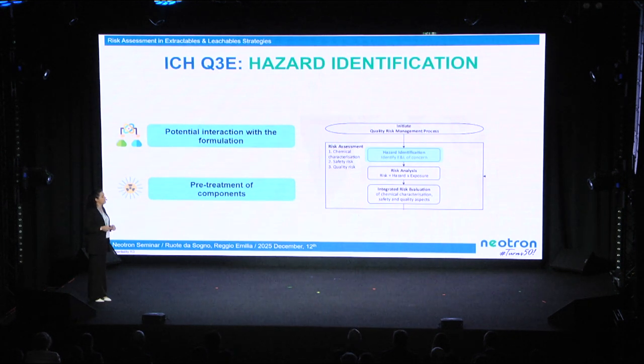The first is the hazard identification. Within the hazard identification, we have to know all the information about all the potential interactions with the formulation and all the pretreatments of the components that must be identified and kept in mind.